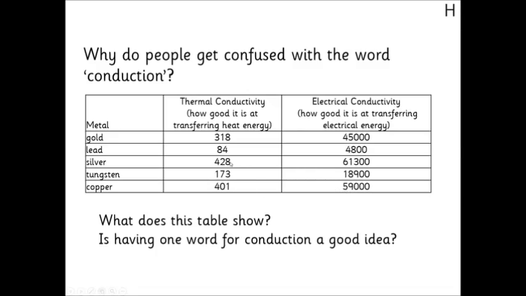Then shortly after that we've got gold, which is 318. So you can see that these results kind of fit and follow a pattern, but they are definitely two very different uses of the word, and you just need to make sure you've got an understanding of both. Later on in the course you will talk about electrical conduction, but for today we're just talking about thermal conductivity.